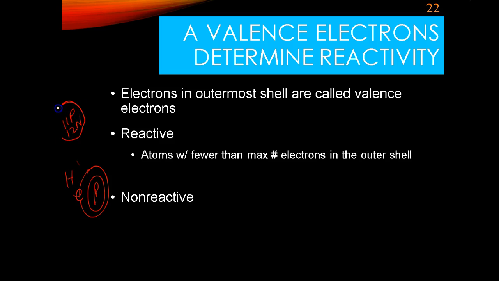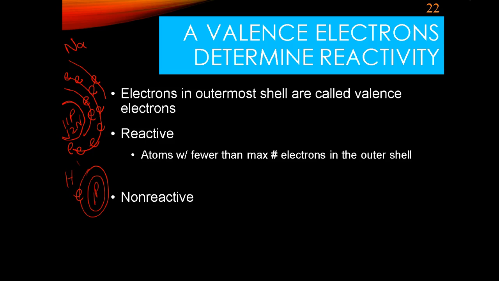The first shell will hold 2 electrons. The next shell will hold 8: 1, 2, 3, 4, 5, 6, 7, 8 electrons. And then the last shell is going to hold 1 electron. So we know sodium as well is reactive.